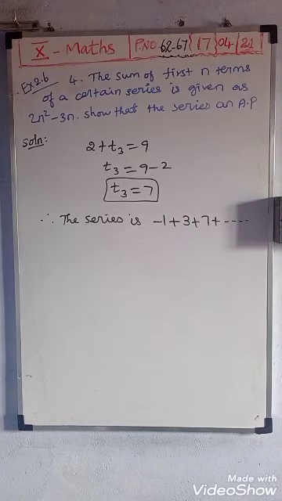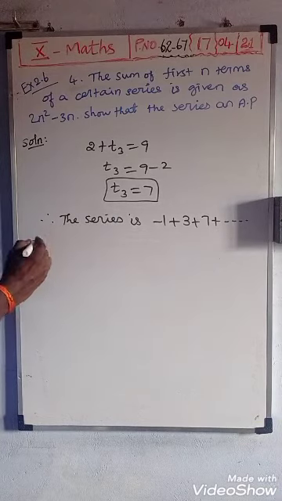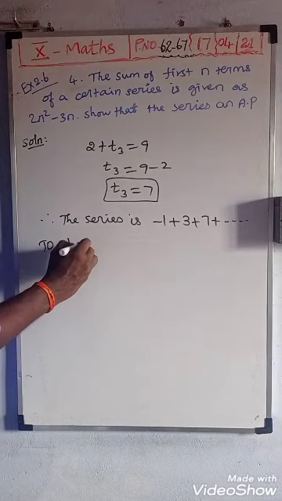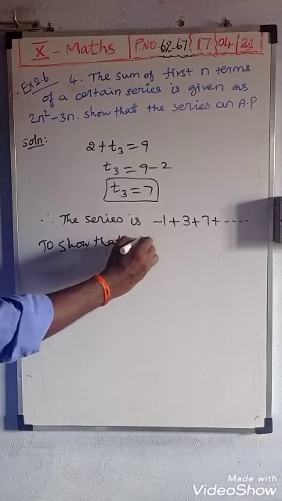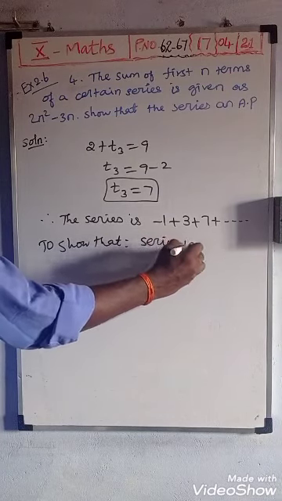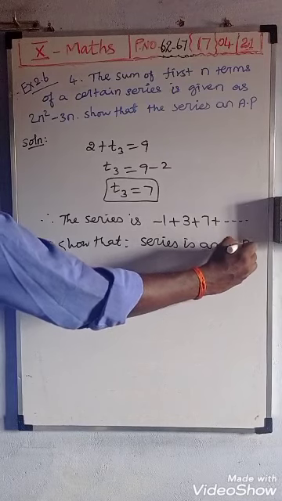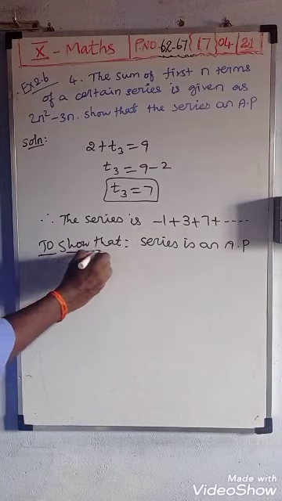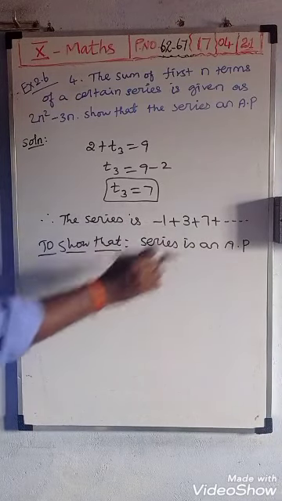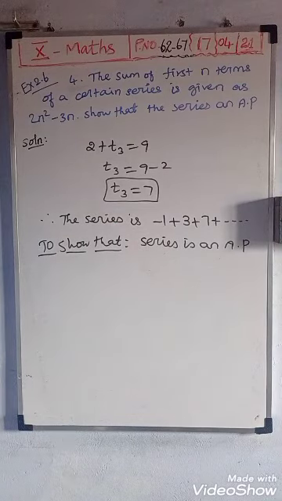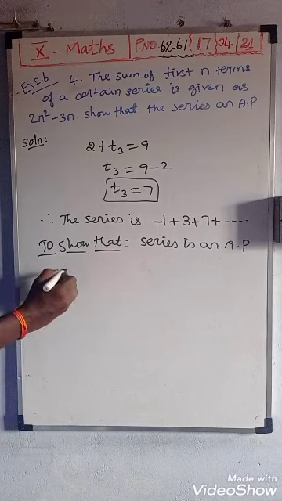Now we want to show that the given series is an AP. AP means that in the given sequence or series, the differences will be equal. So we want to find the differences.